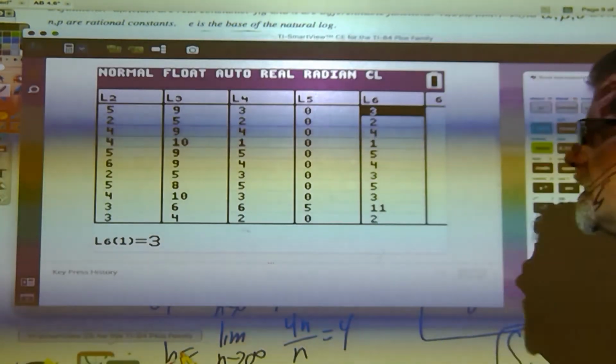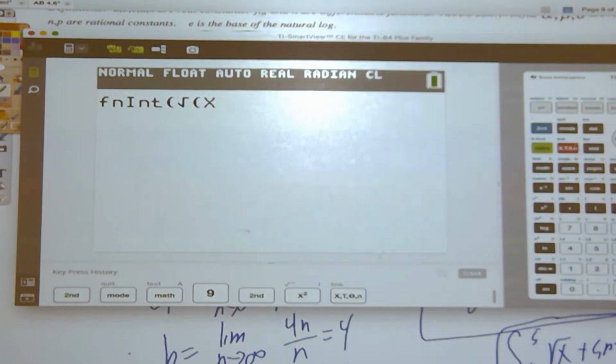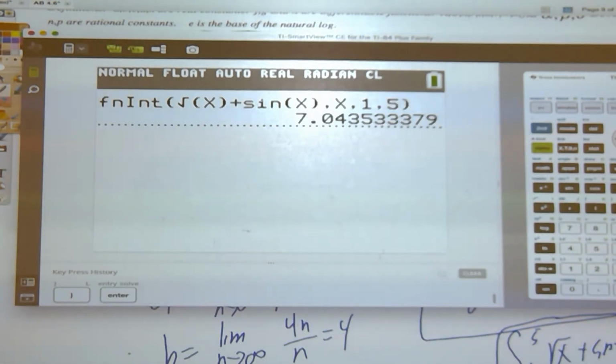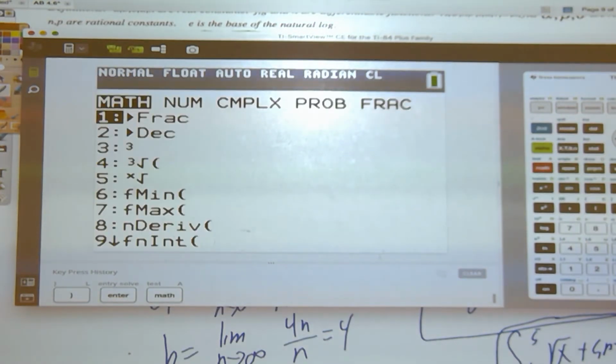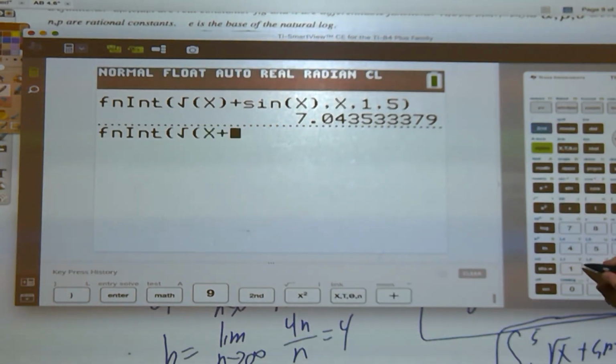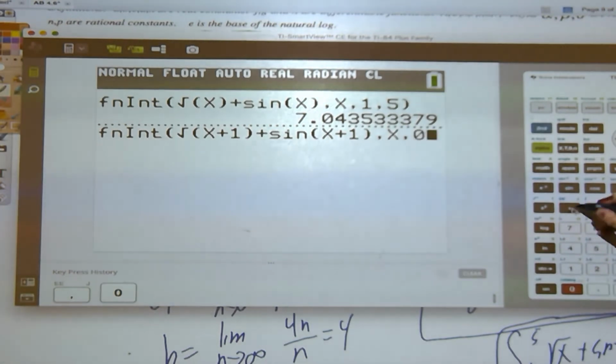So on the calculator, let's type both of these in. First of all, on Math 9, let's type in the definite integral of square root x plus sine x with respect to x from 1 to 5. Notice that gives us 7.0435, but the alternate circling, Math 9, is the square root of x plus 1 plus the sine of x plus 1 with respect to x from 0 to 4.